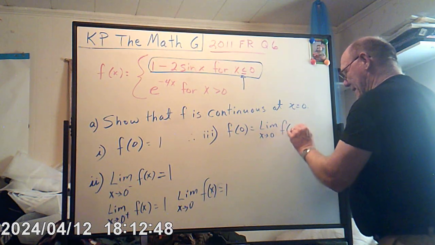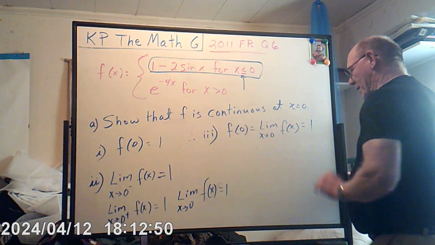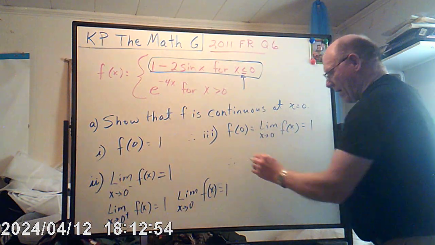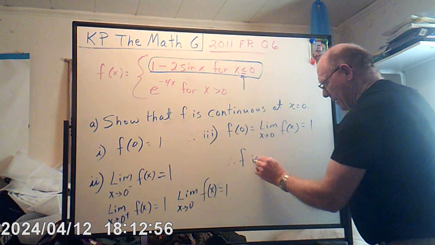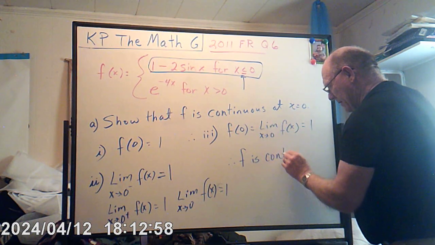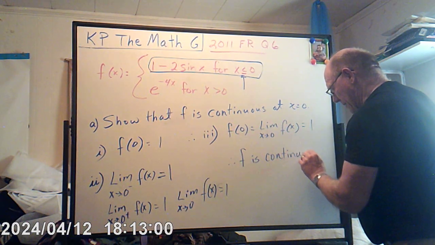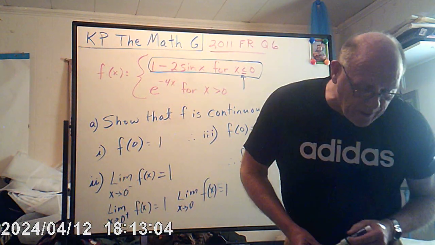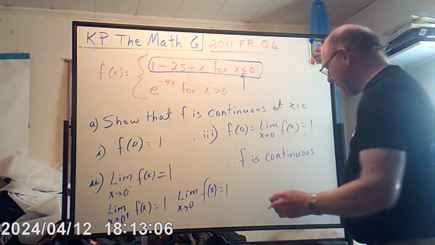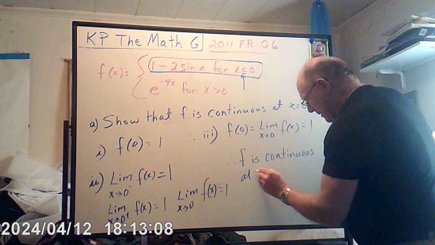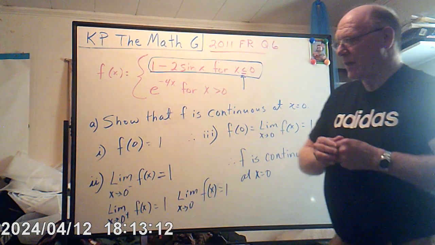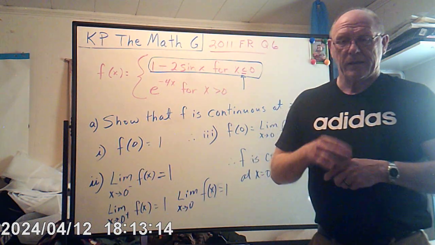So f at x equals 1. Therefore, f is continuous. F is continuous at x equals 0. And that's what you got to do.